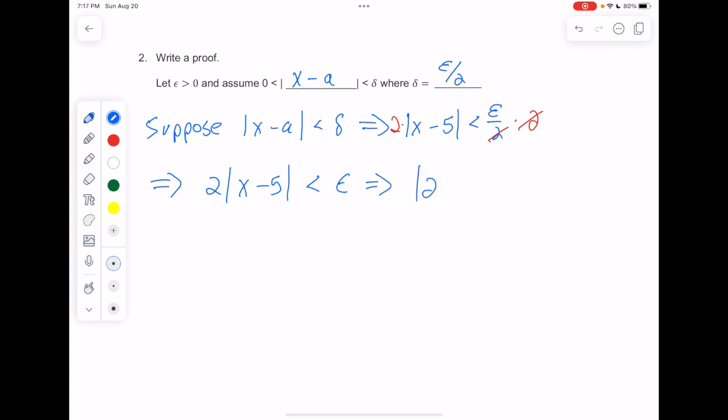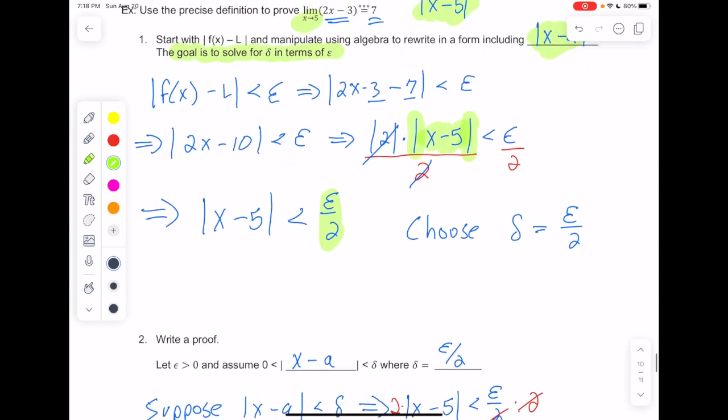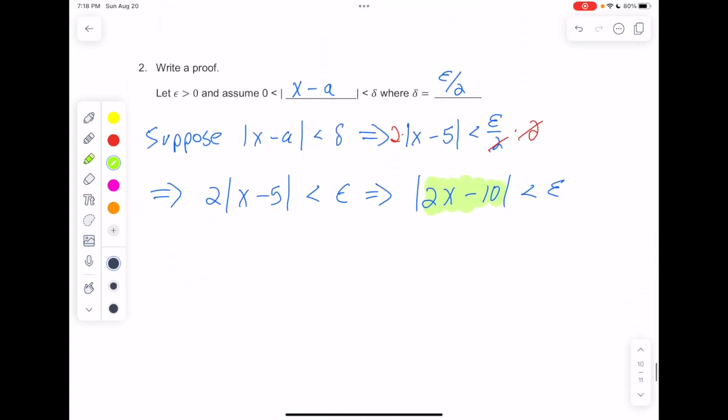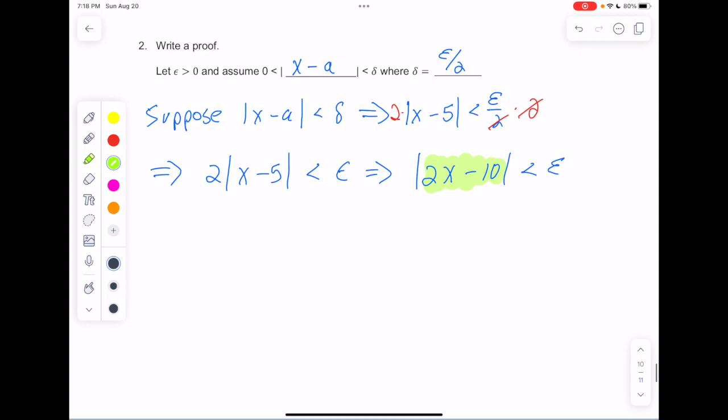Multiply that 2 into the absolute value, which you can do as long as it's positive. And we get this. And now we want to make this piece right here start to look like f of x minus L. So what does f of x look like? F of x was 2x minus 3. So we want to have that 2x minus 3 show up there.